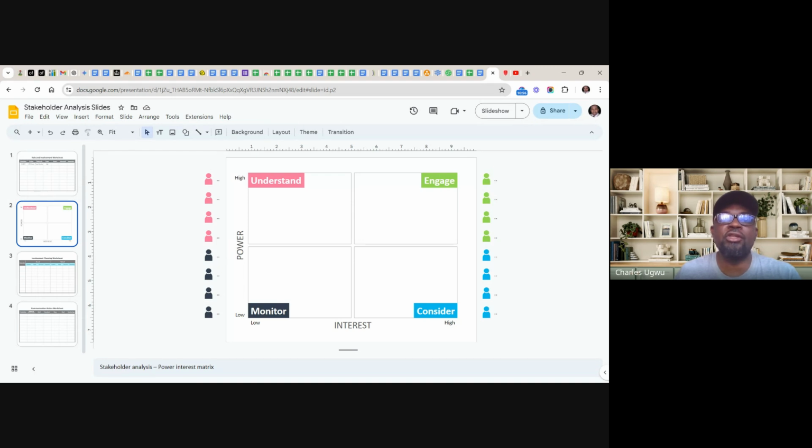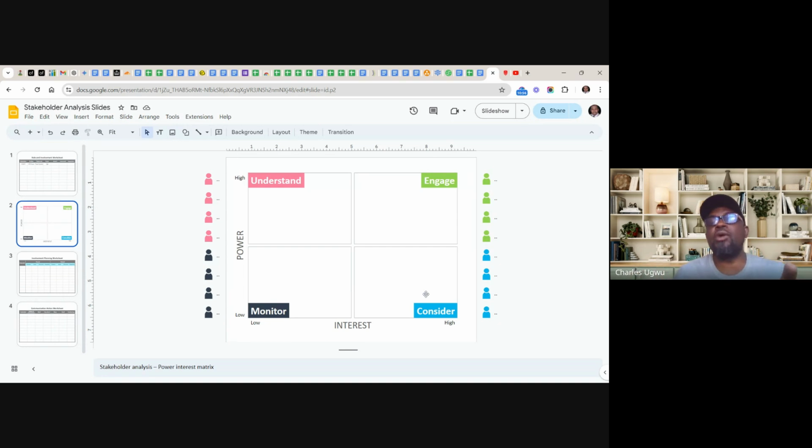So stakeholders within the high blocks are high power, and stakeholders within the lower block are the lower powered stakeholders. And then you see this interest. We see left and right. The stakeholders on the left have low interest, and the stakeholders on the right are the high interest stakeholders.